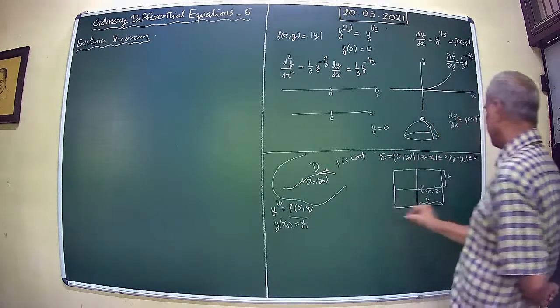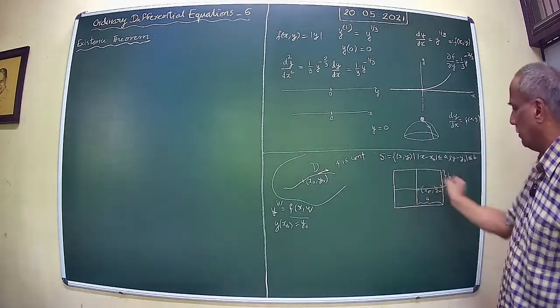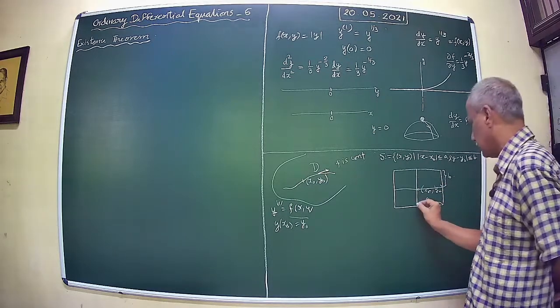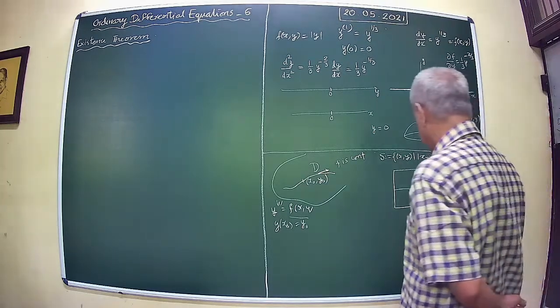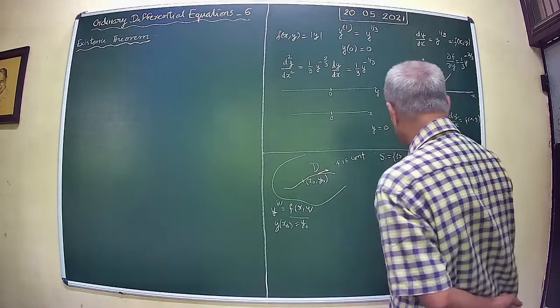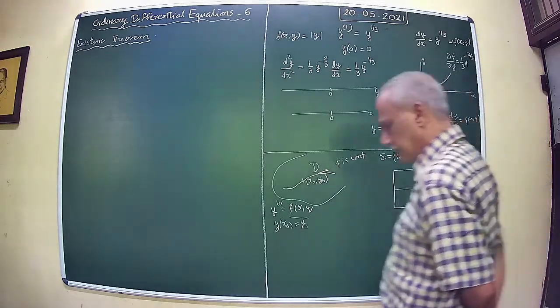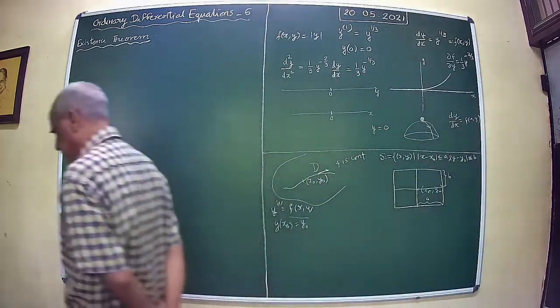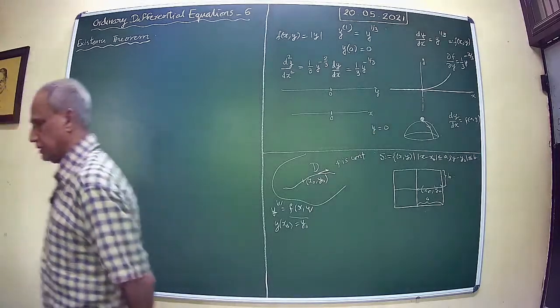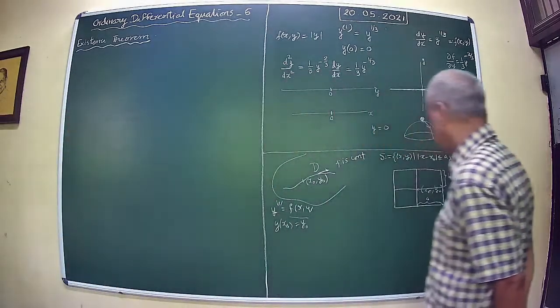So you can now find out the coordinates of the vertices and all sorts of things. It is a rectangle that is symmetric about the point x0, y0 in either direction.